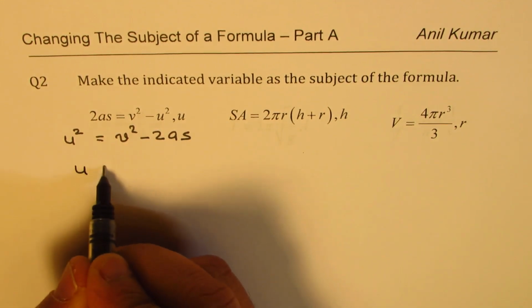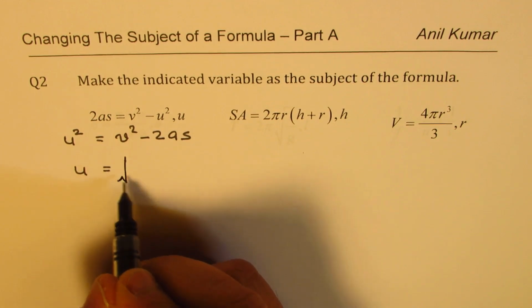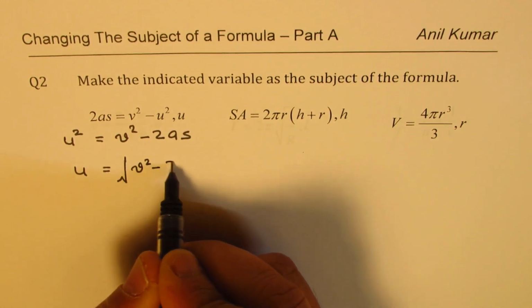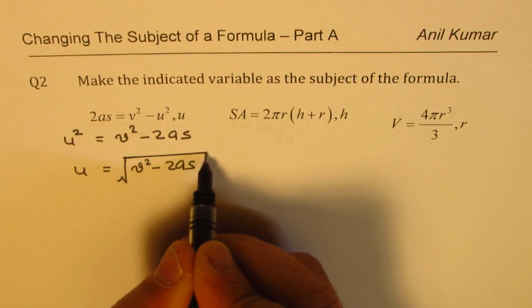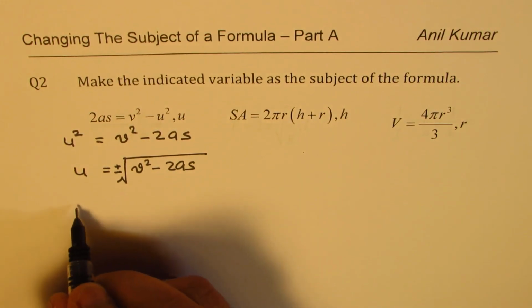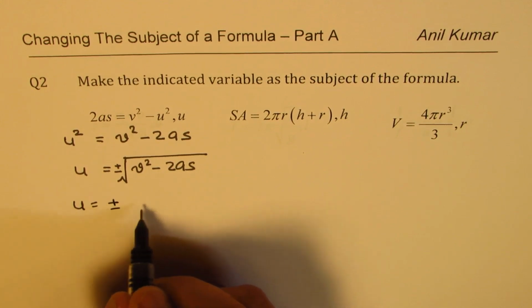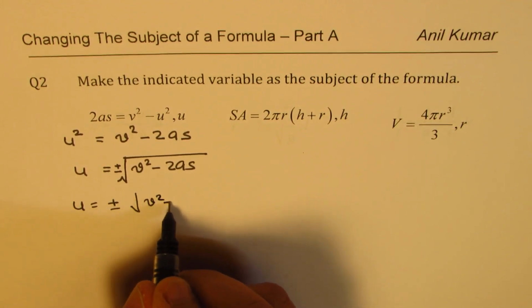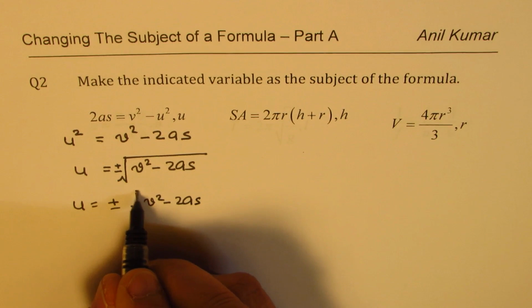Now square rooting both sides, we get square root of v square minus 2as. And as I said, you have to write plus and minus when you square root. So let me rewrite this. u equals plus minus square root of v square minus 2as.